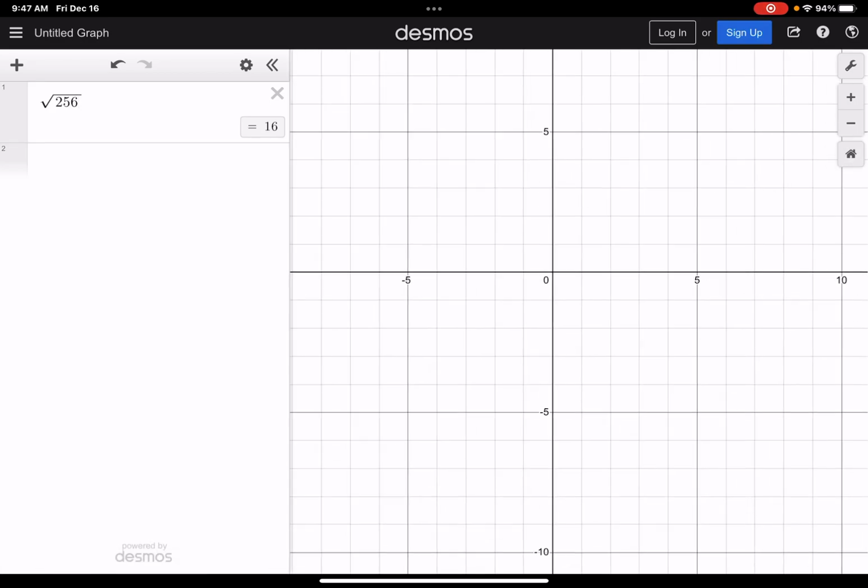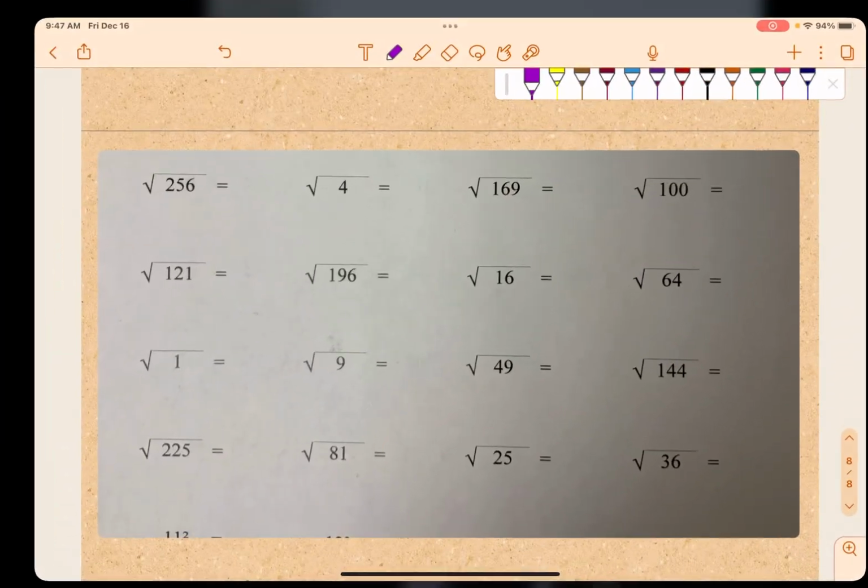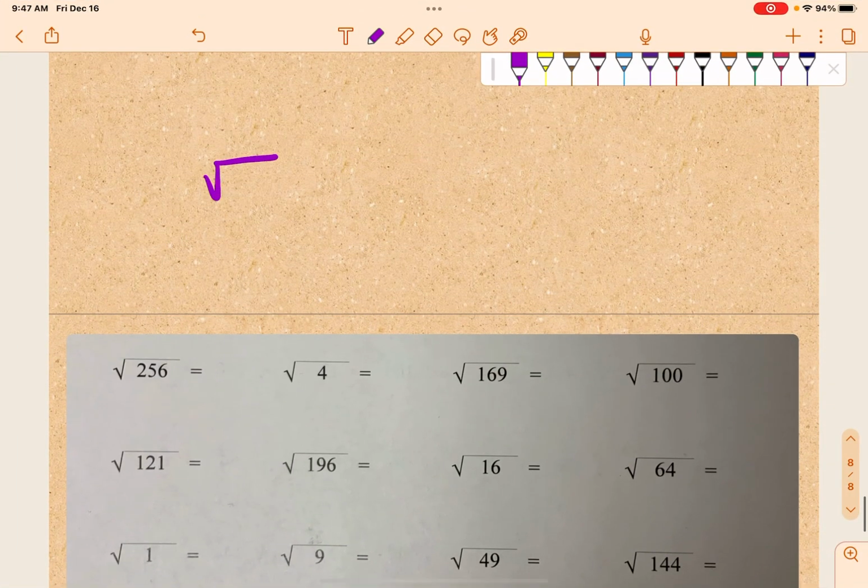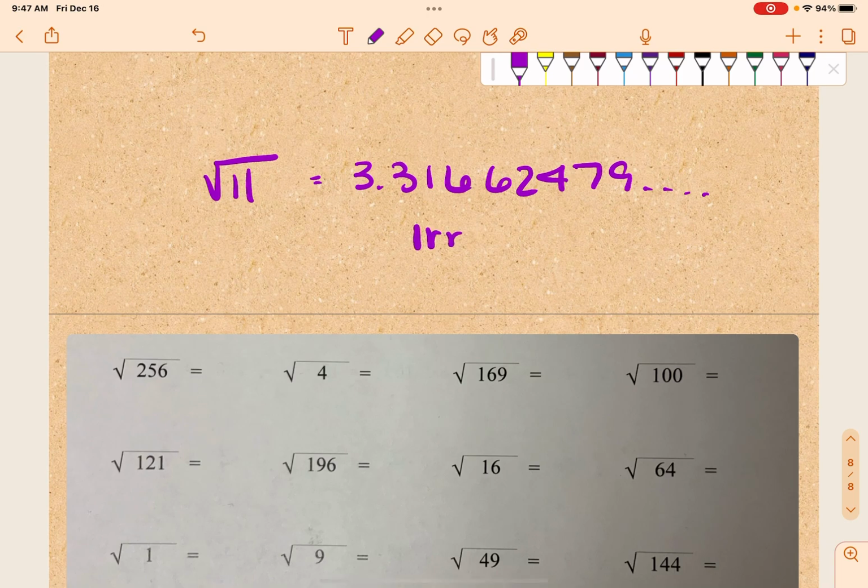But if you happen to get one, like we said, that square root of 11 gave you kind of an ugly looking decimal, something like 3.3166247, and it would keep going. This is considered to be irrational. Now, when you talk about irrational numbers, kind of think about your own life.